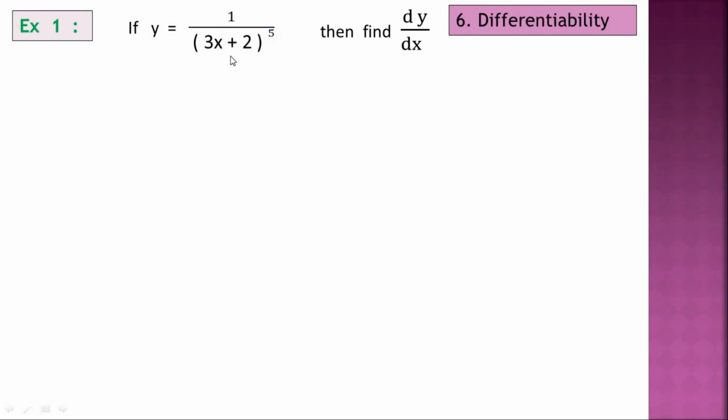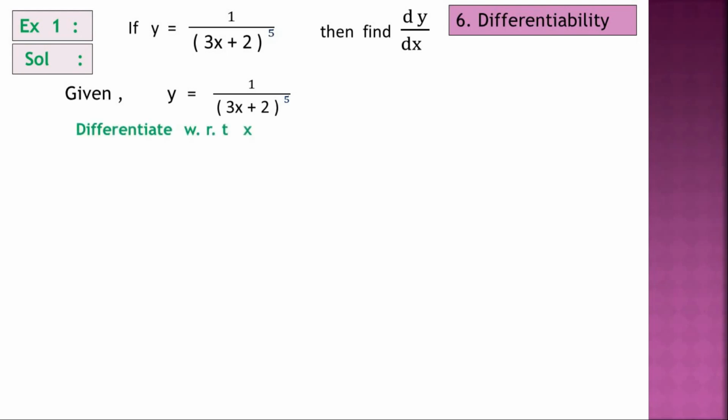I hope you understood the given function. You know the method of writing the solution. First we always take the given function, y is equal to 1 upon 3x plus 2 whole raised to 5. Differentiate this with respect to x.